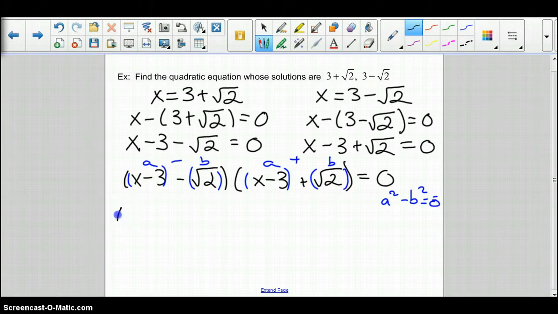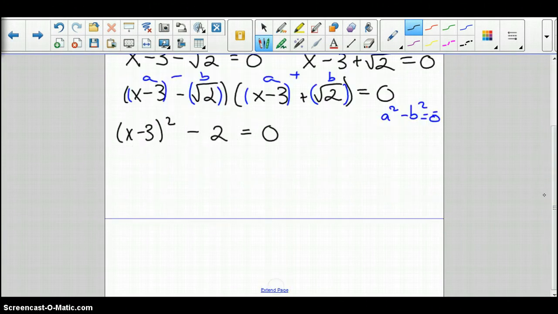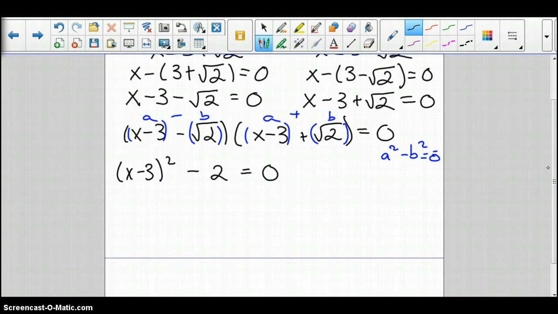So we're going to have the same kind of idea right here. So we're going to go x minus 3 squared, so that's our a, minus our b squared, which is the square root of 2 squared, which is just 2. And that's equal to 0. So next step, we are just going to multiply this out, x minus 3 squared, and if you need me to draw it out, I will.